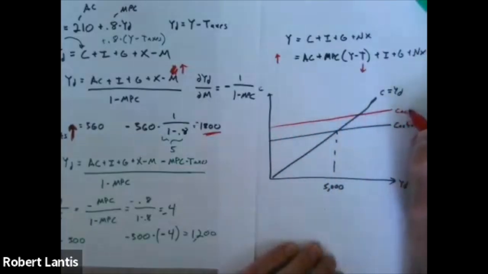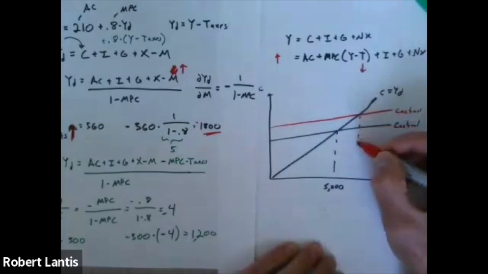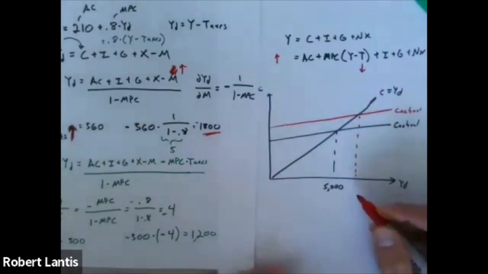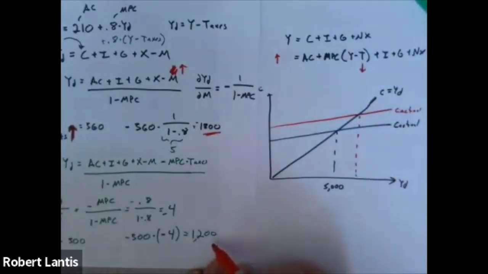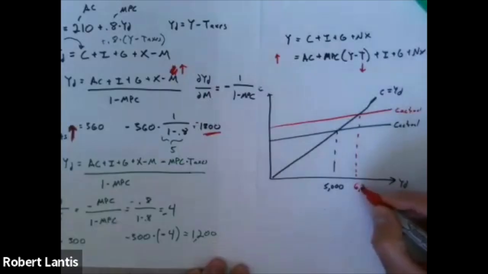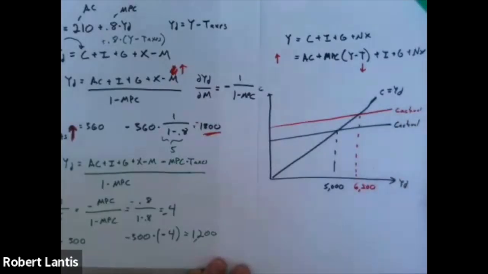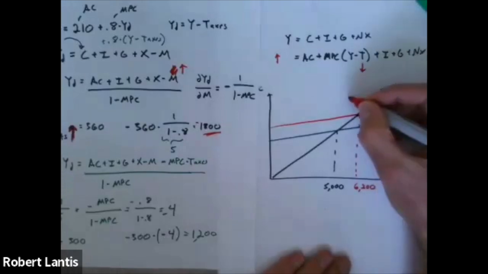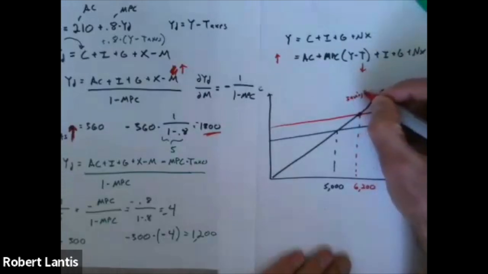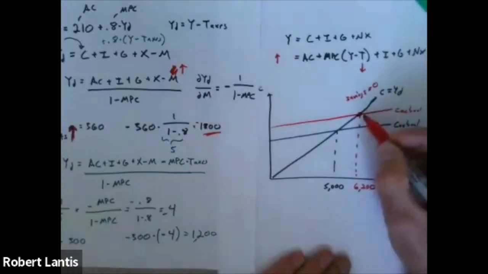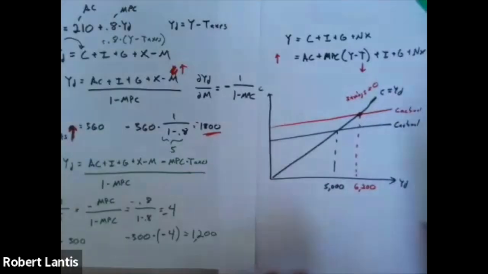Okay. So my new break-even point is going to be something higher than before. In fact, if I had those actual values, I know it's going to be 1,200 higher. So in this case, this is the new break-even point when savings is equal to zero, right? Actual consumption is equal to my disposable income.